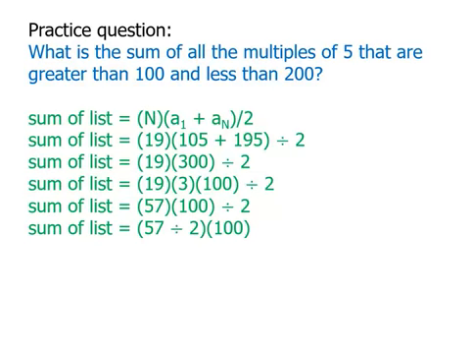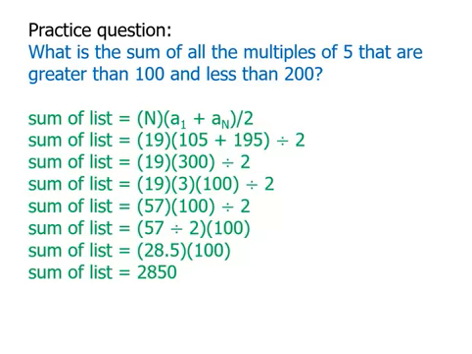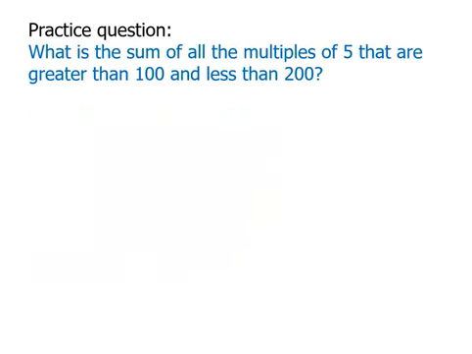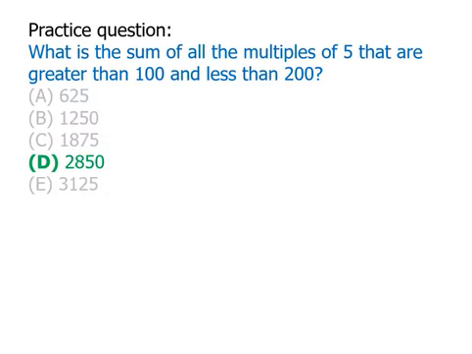Now I'm going to do 57 divided by 2, which is 28.5, because of course 56 divided by 2 is 28, 58 divided by 2 is 29, 57 divided by 2 is right between them, 28.5. And then multiply 28.5 times 100, we get 2,850. So we go back to the answer choices, and we choose answer choice D.